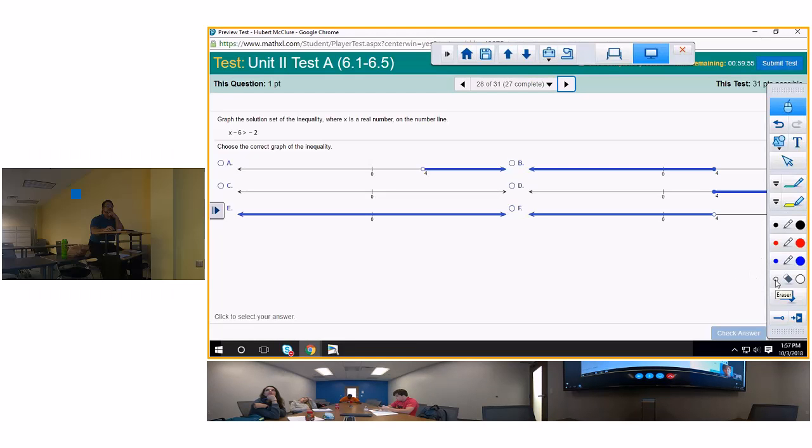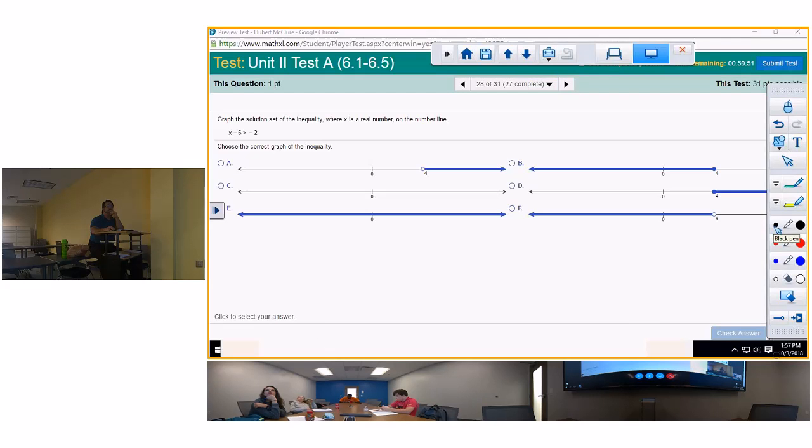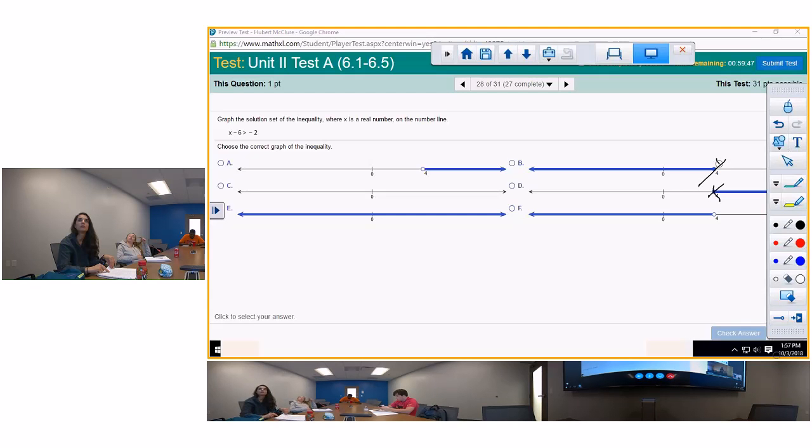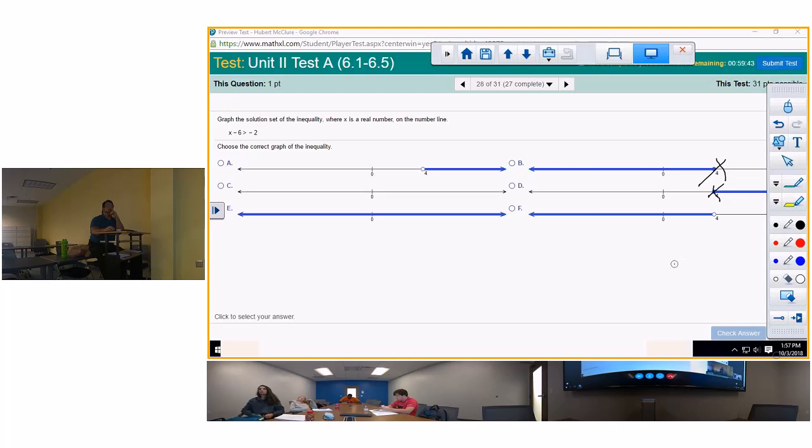Tell me which one it's not, right off the bat. Not even any math. It's not B and it's not D, because those are equal to. Okay, so where is X greater than 4? A. A, good.